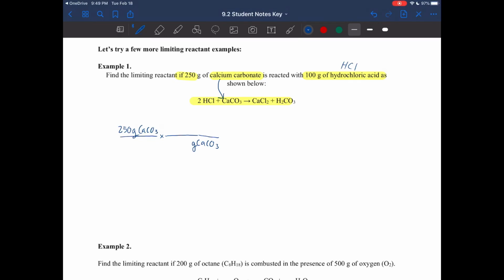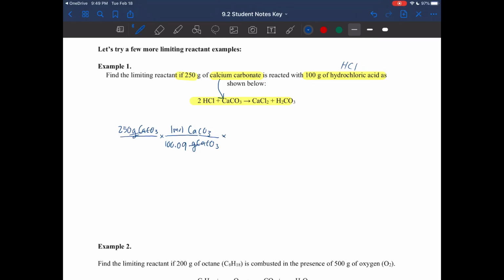If you're looking at your periodic table, you would add up the atomic mass of Ca plus 1 of those Cs plus 3 of those Os. So the molar mass of our calcium carbonate should be about 100.09 grams in every mole of calcium carbonate.